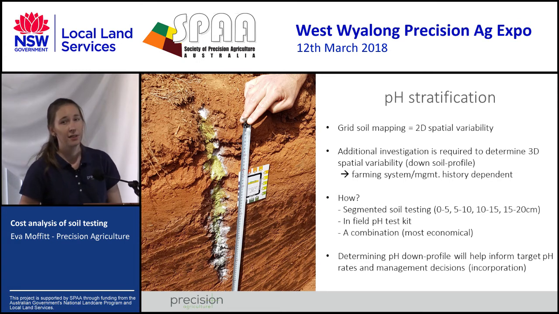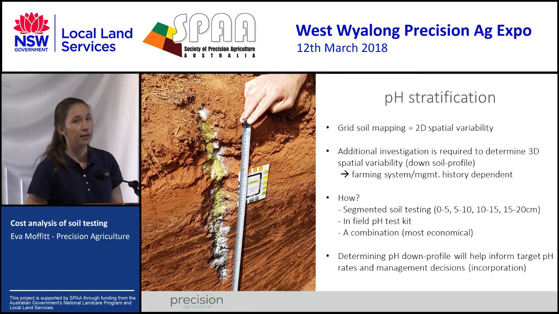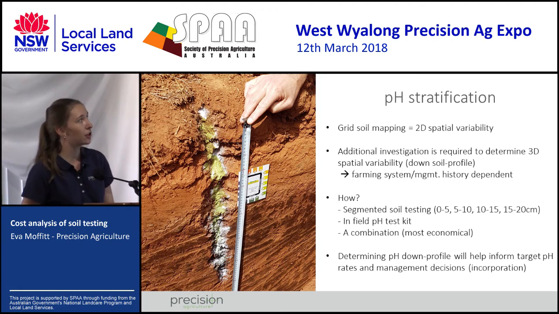Obviously this is going to depend on your farming system and your management history. If you're in a system where you've been minimum till or no till for a number of years, you're almost certainly going to have pH stratification. So you're going to have higher levels at the top, and then possibly an acid throttle band, and then getting back into more alkaline conditions.